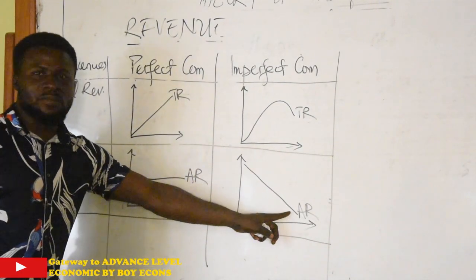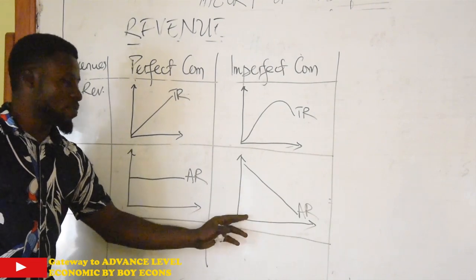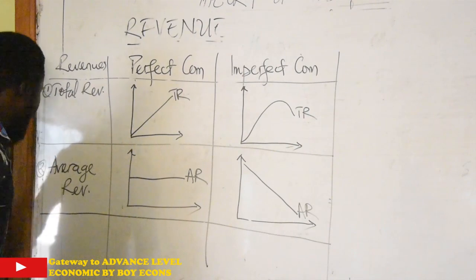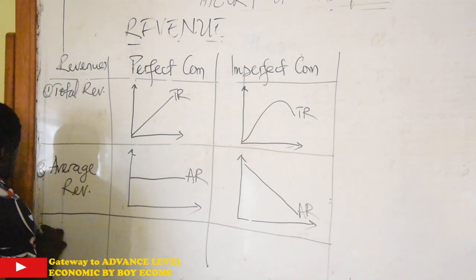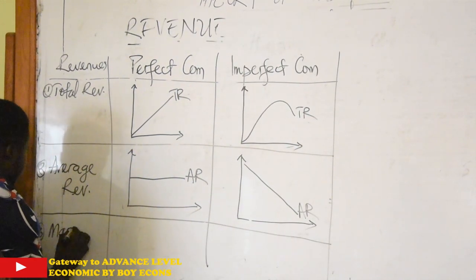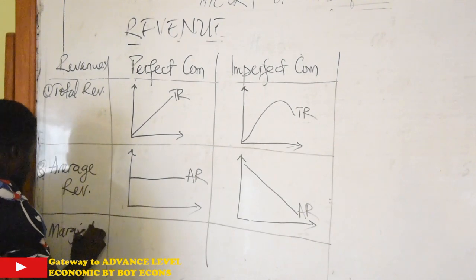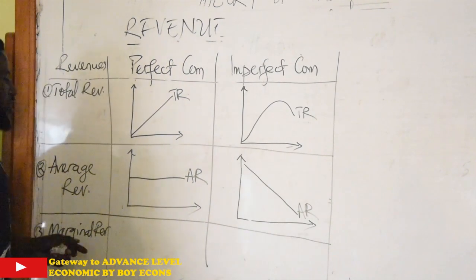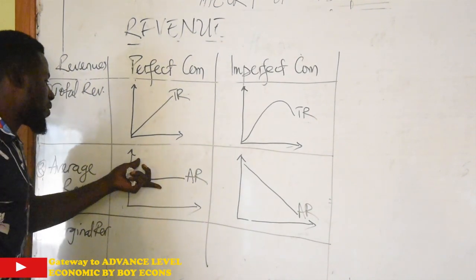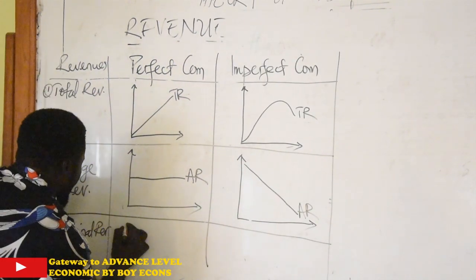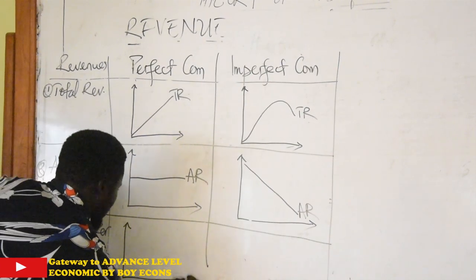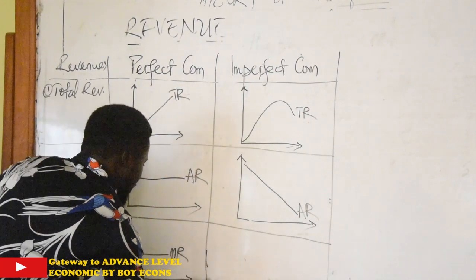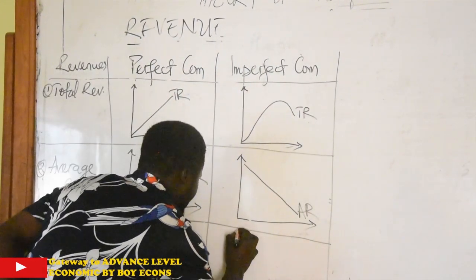Slopes downward like the demand curve. Why? Because as more is being bought or sold, prices drop. And then we have the third one, marginal revenue. For marginal revenue under perfect competition, the diagram is the same as that of average revenue. So we have MR.